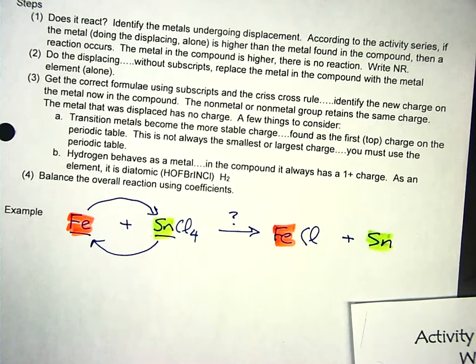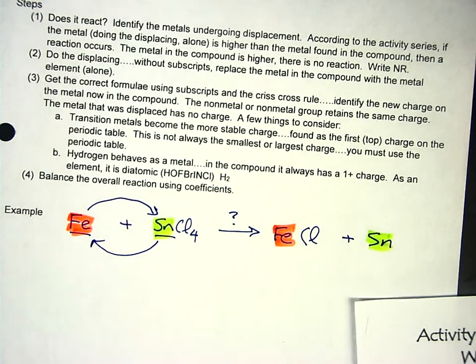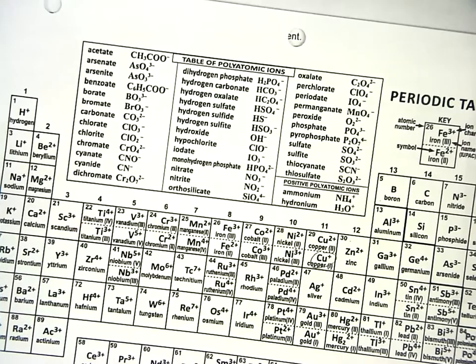because I haven't figured out exactly what charge the iron is. Now, normally, if we're dealing with a representative element, it will have a charge given to it already. The only problem with this one is it's a transition element, and iron has multiple charges. So which one is it going to be? Okay, so what we're going to do is look at the chart.